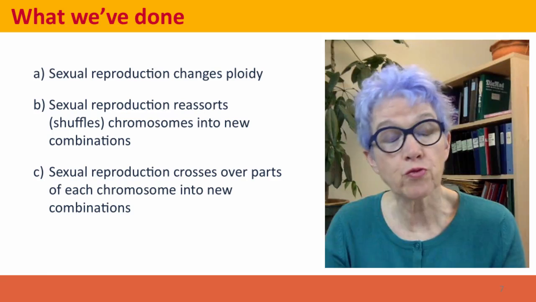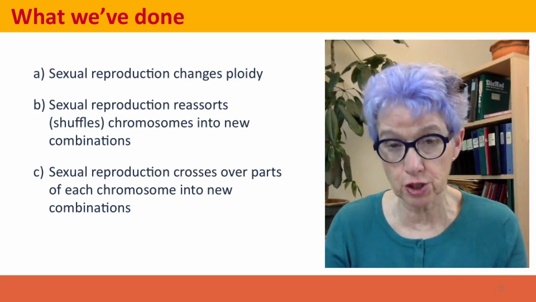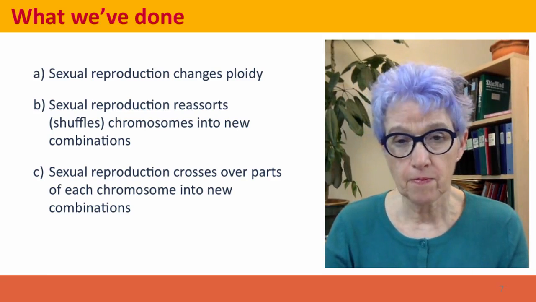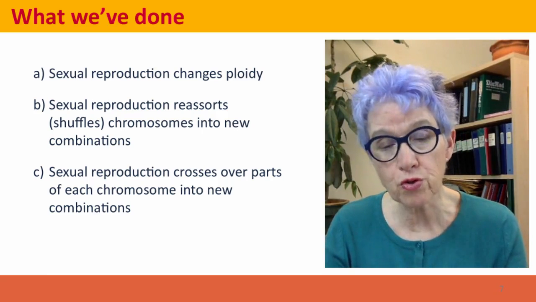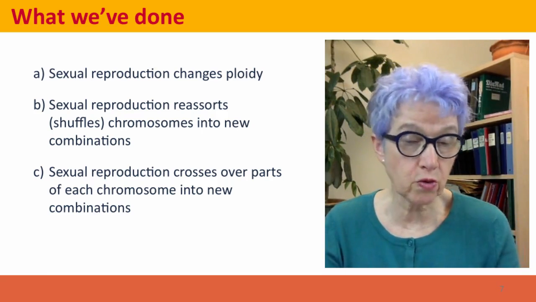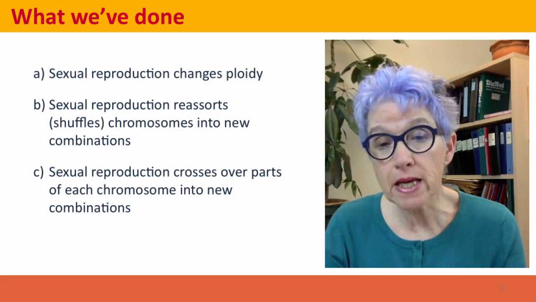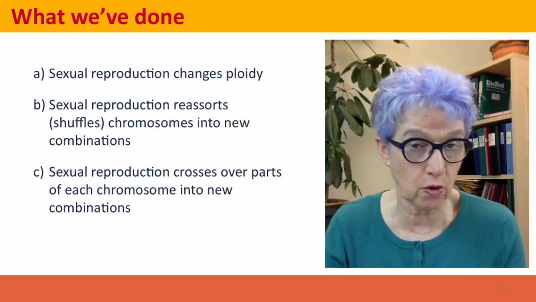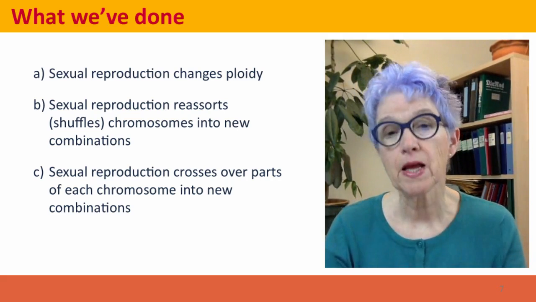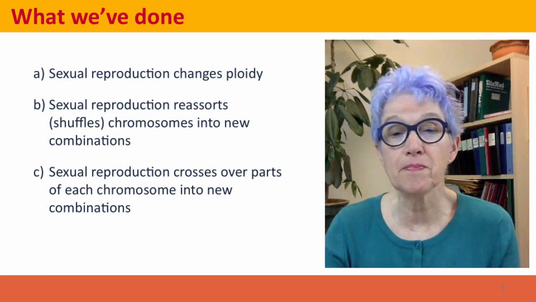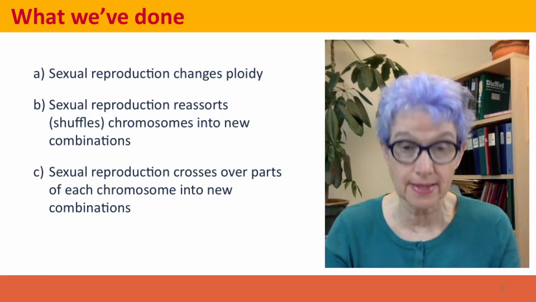And you need to realize that we generate a lot of genetic variation just by shuffling the variation that exists into new combinations, both by reassorting the chromosomes into new combinations and by breaking up the combinations within each chromosome by crossing over between the parental chromosomes. So that's really all that you need to understand. The mechanisms can wait.